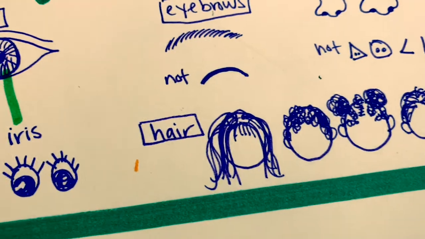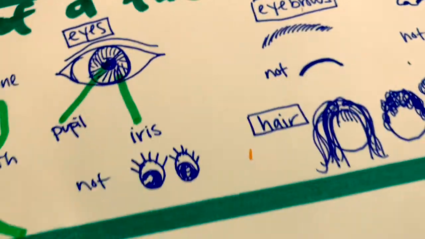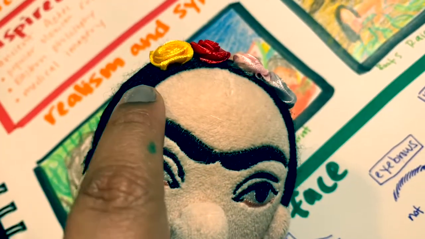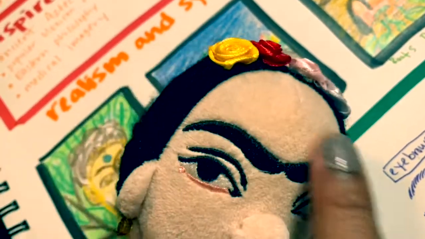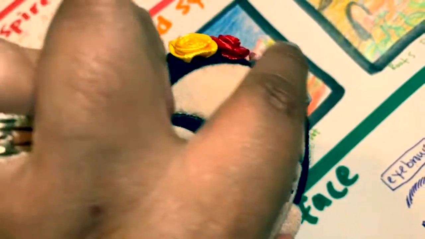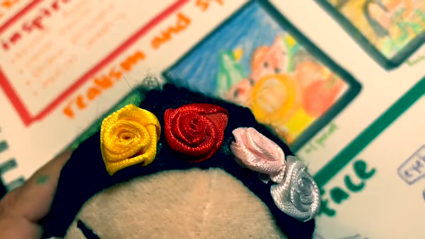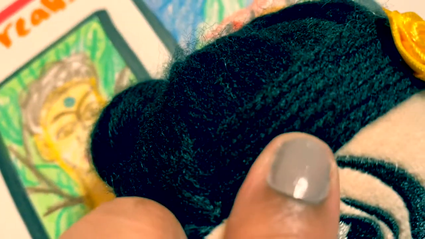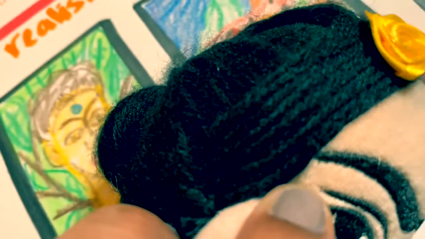And our hairline is the other important part, because if you look at Frida, you see how her head curves. Her hair does not start right across her face like this. It curves on the head just like your hair also curves. And see, even her hair is made up of different strands of yarn, single strands.